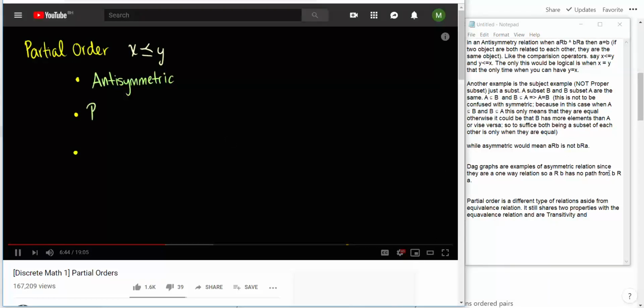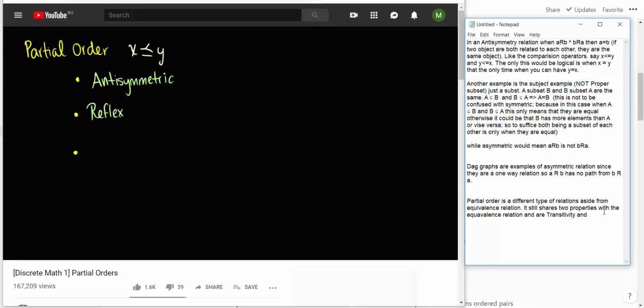It's going to be reflexive, and it's also going to be transitive.